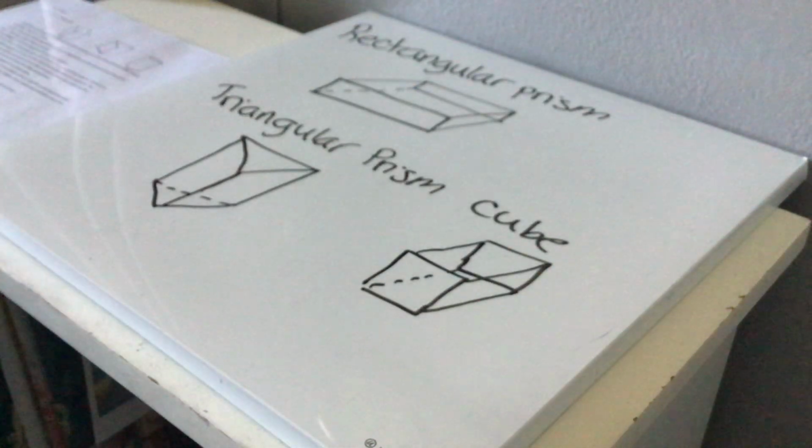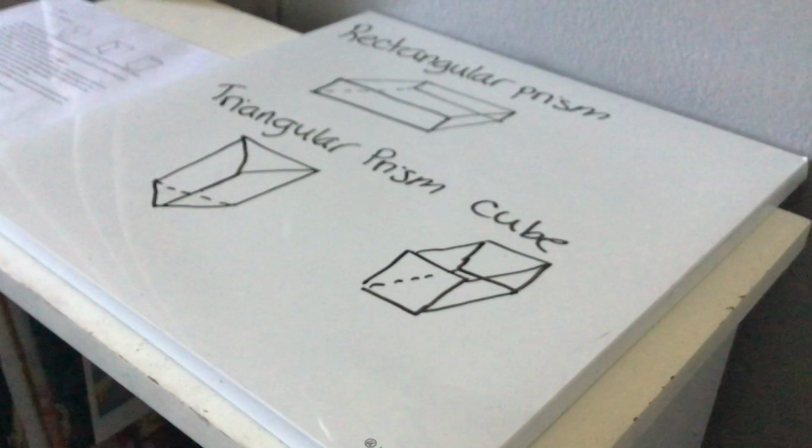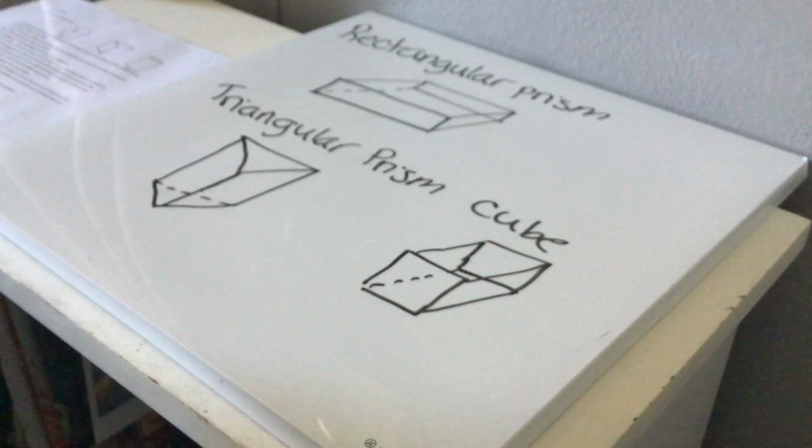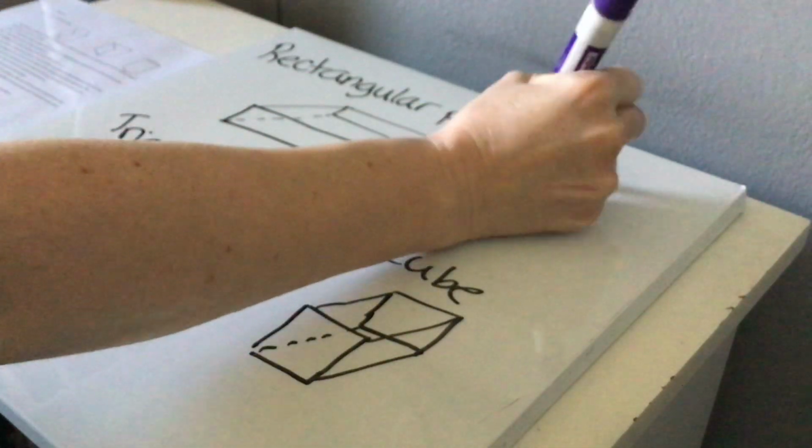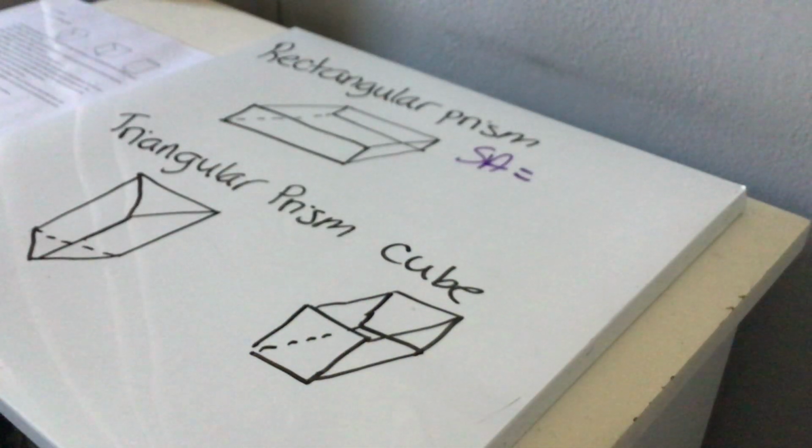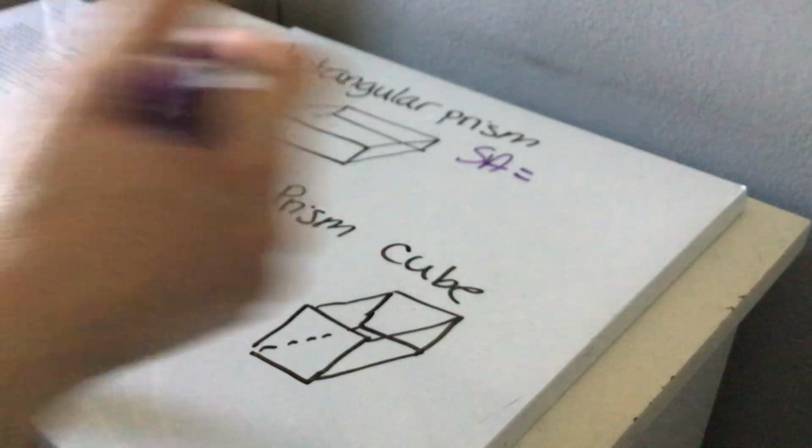All right. The surface area, when we talk about these, is like you were going to wrap a gift. How much wrapping paper would you use? So surface area, we're going to use SA, is going to be the sum of the area of all its surfaces.